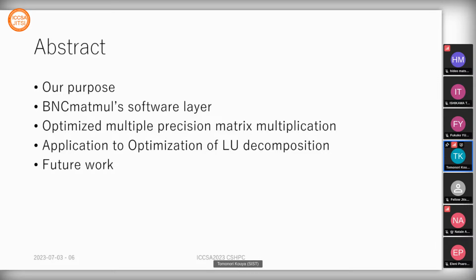And based on the result of our optimized multiple operation matrix multiplication with Ozaki scheme, we will show the result of optimization of LU decomposition. And after that, we show the future works.